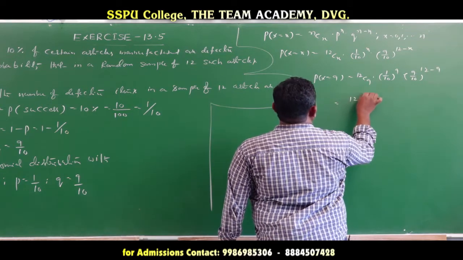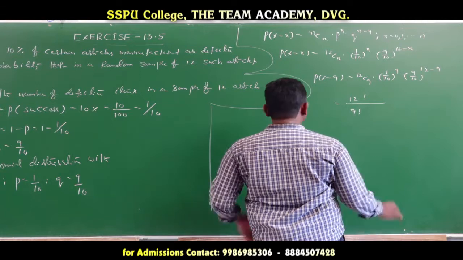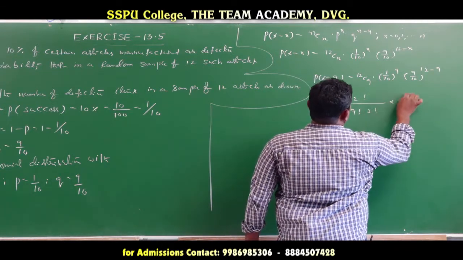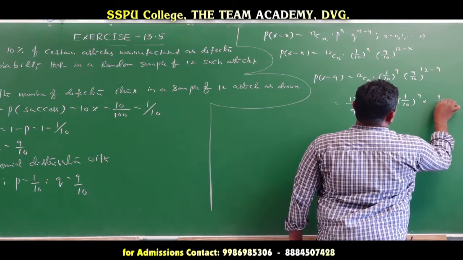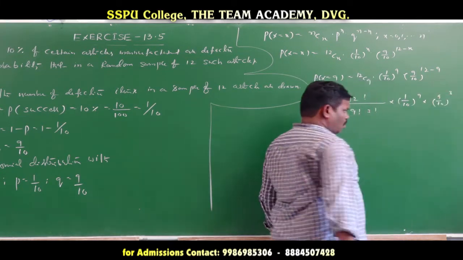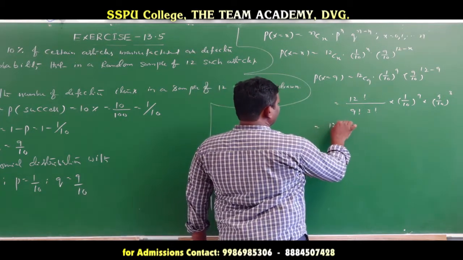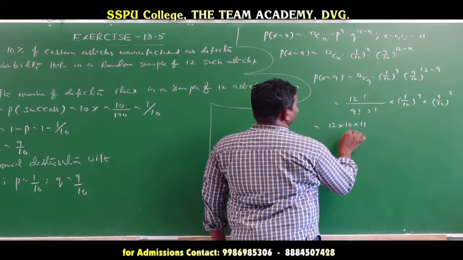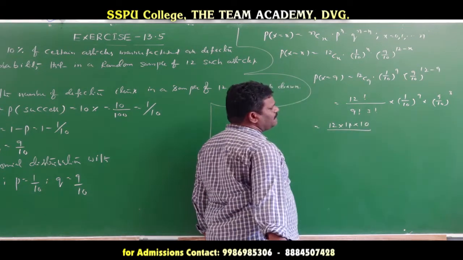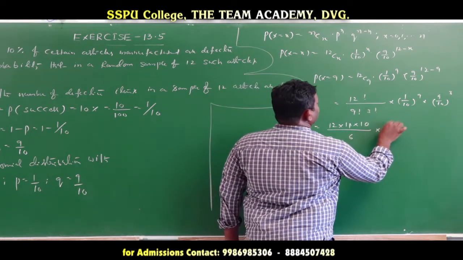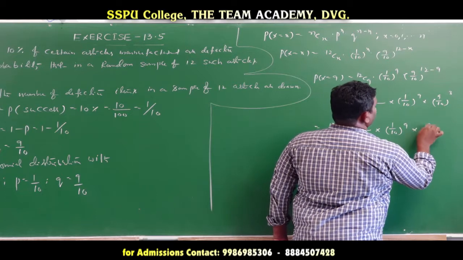That is equal to 12 factorial by 9 factorial into 3 factorial, into 1 by 10 whole power 9 into 9 by 10 whole cube. Now simplifying, 12 into 11 into 10, the 9 factorial cancels, leaving 6 into 1 by 10 whole power 9 into 9 by 10 whole cube.